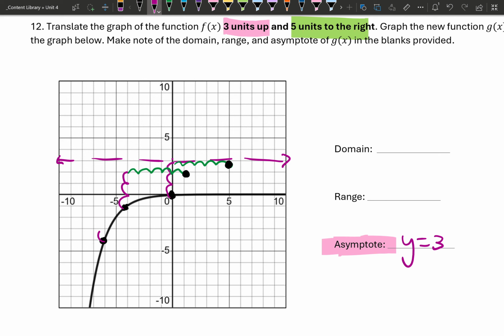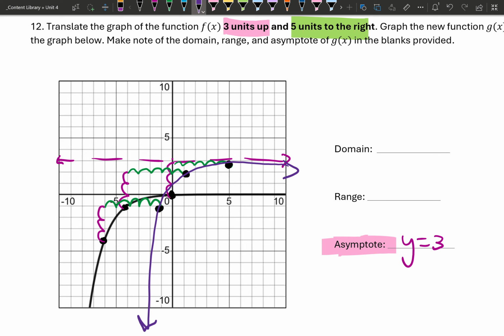Last one. 1, 2, 3. 1, 2, 3, 4, 5. There are my 3 new points. I'm going to connect them with purple. There's our new function.